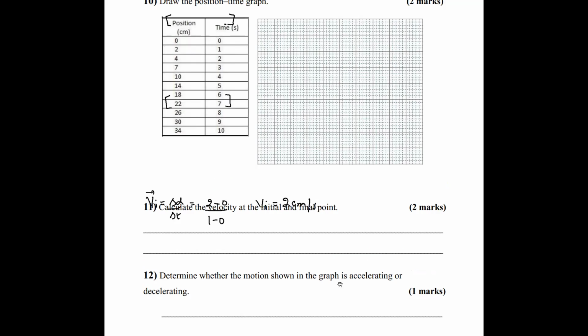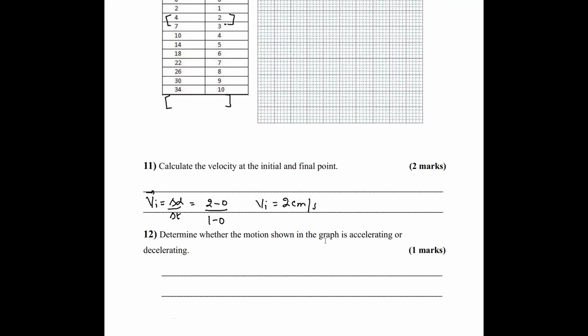Now we have to find the final velocity. How to find the final velocity? Our final velocity is 34 minus 30, sorry, my mistake, because distance is here, 34 minus 30 divided by 10 minus 9, which is equal to 4 divided by 1, which is equal to 4 centimeter per second.